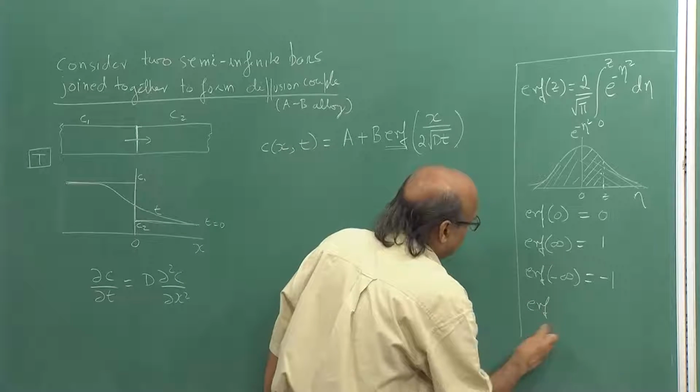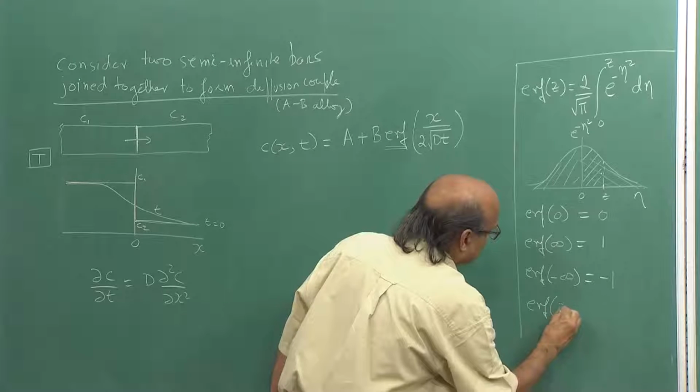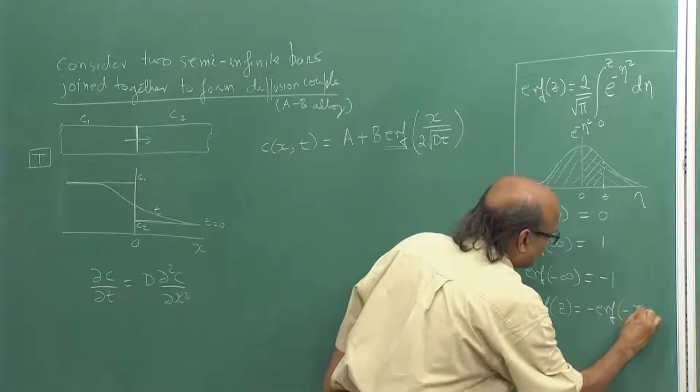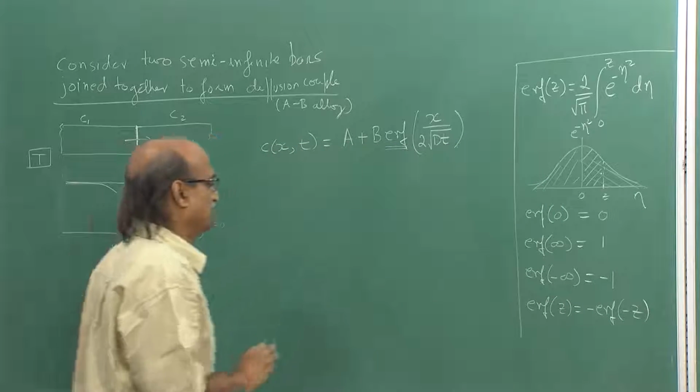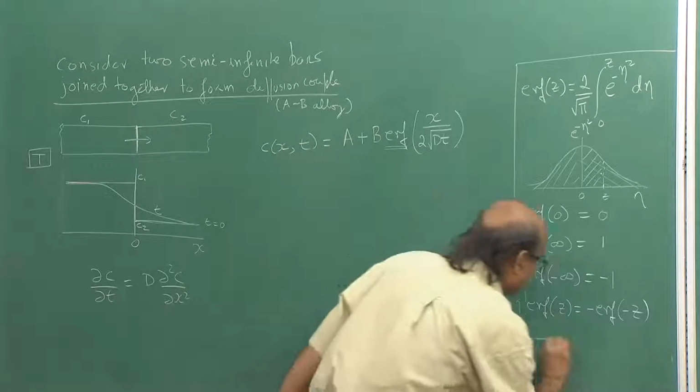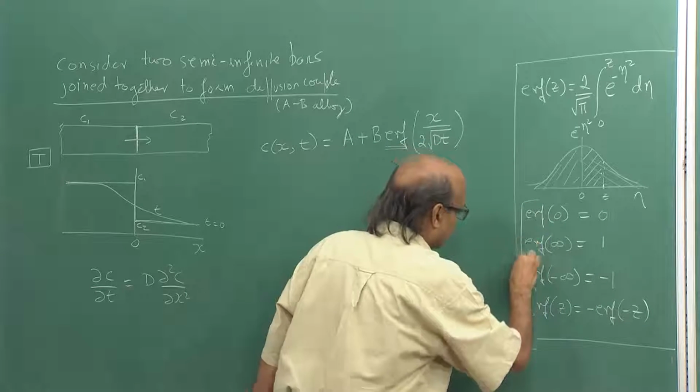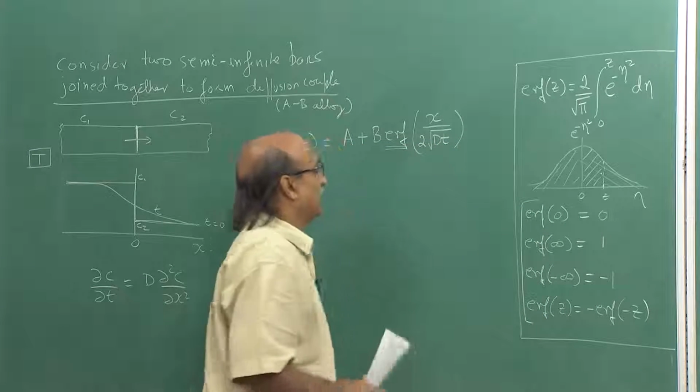And very clearly, error function of plus z would be equal to minus error function of minus z. So, these are some specific values that you can take a note of for the error function.